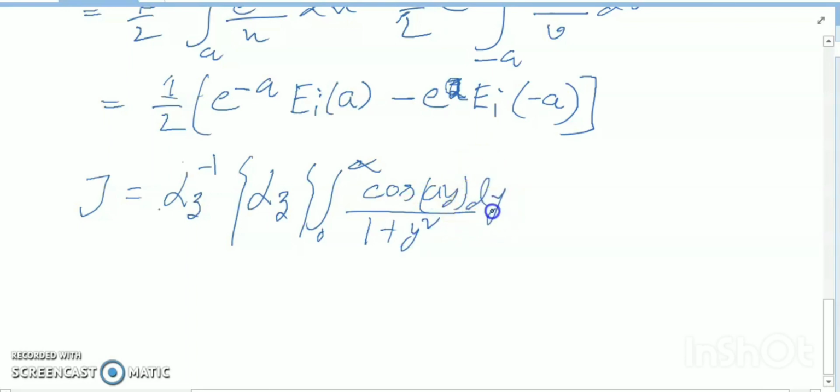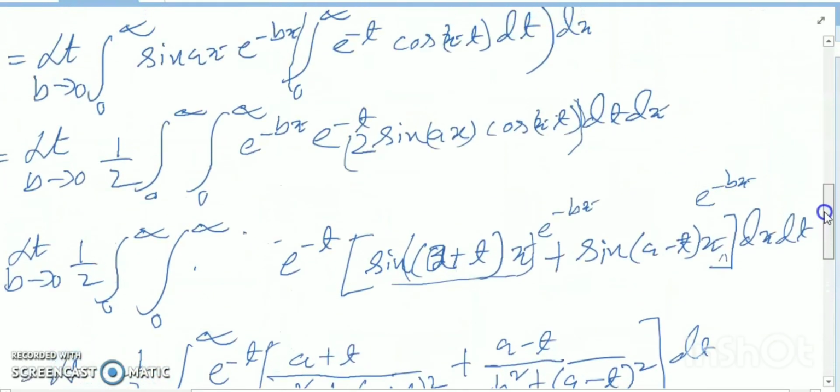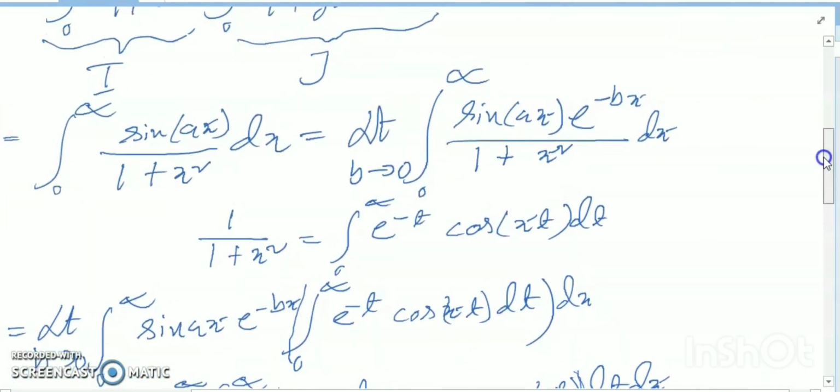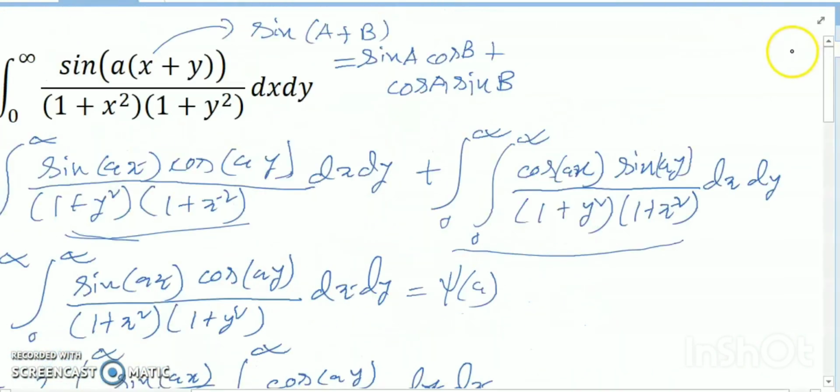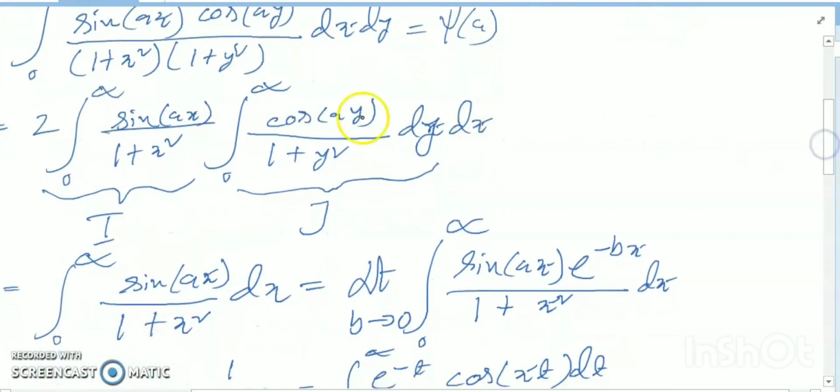Please write everything. If you think it is an entertainment video, no, it is not an entertainment video. You have to write, then you can solve it. So it is cos(ay) divided by 1 plus y square.